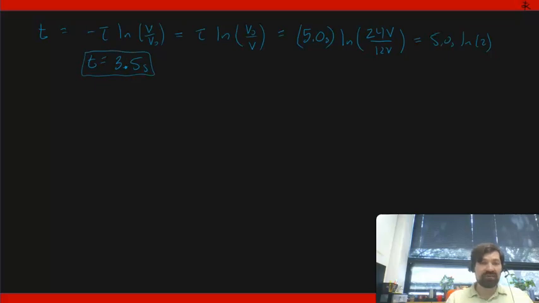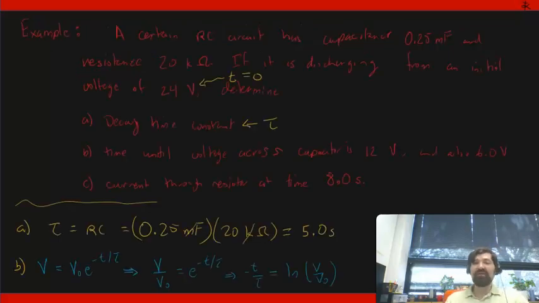There's a shortcut to all this though, if you're a little bit more intuitive. The shortcut is to come back over here and realize that this 12 volts is half of my initial 24 volts. So this is 1/2 initial. So we're looking for the half-life of this problem.